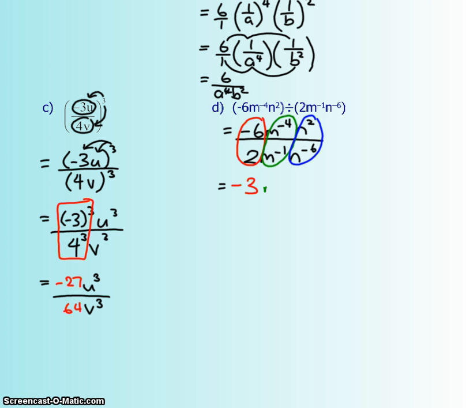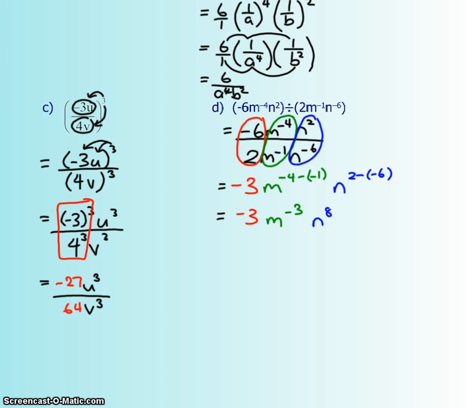Then you have m, and remember that when you're dividing and you have the same base, you're going to subtract the exponents. So that's negative 4, subtract negative 1. And then same base, 2, subtract negative 6. Equals negative 3, m to the negative 3, and n to the 8.